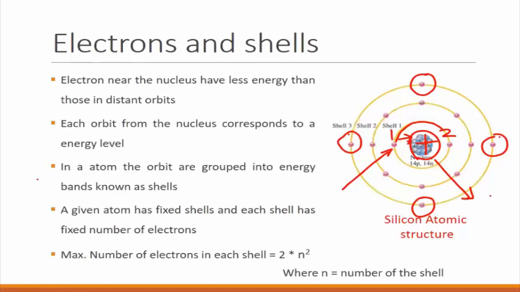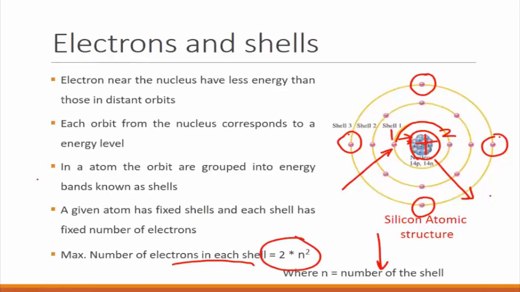This 2 n square will show us the number of electrons in each shell, where n is the shell number. That's how we can even draw the structure of an atom. So, why does it only have 3 orbits? Why not 4 orbits, 5 orbits? This formula indicates how many orbits and how many electrons each orbit can accommodate.